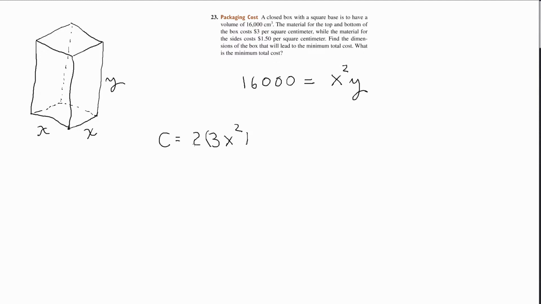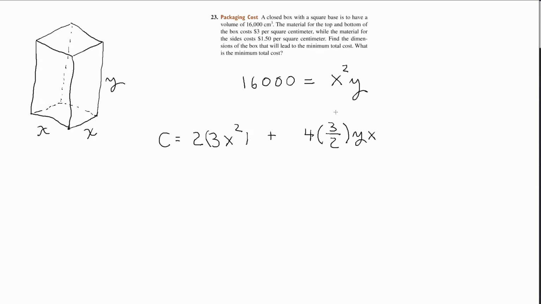So we have to multiply that by 2, plus, and then we have 4 sides, and each of those costs $1.50 per square centimeter. And how many square centimeters are there? There's y times x of them on each side, right? So there's 4 of these sides, and each one of those has area x times y. So you multiply that by the cost, and by 4 you get this expression.